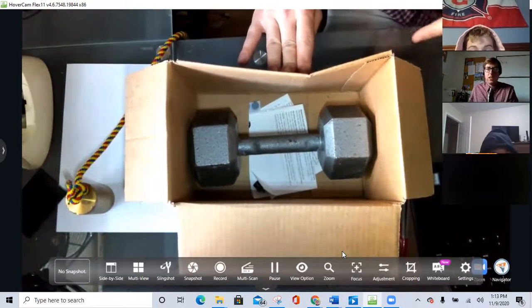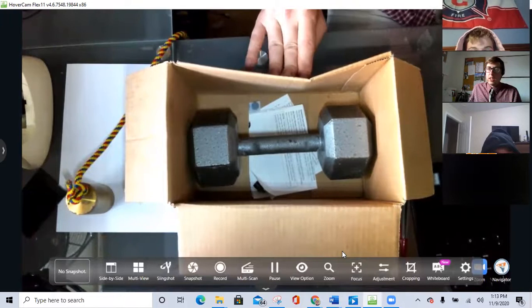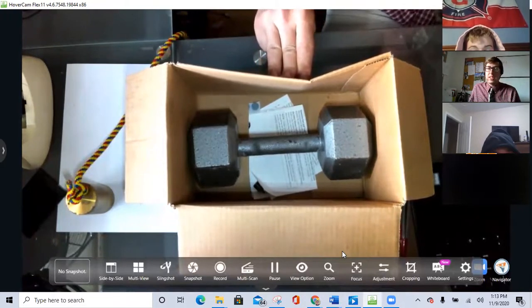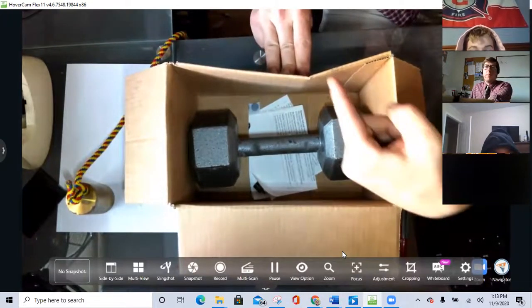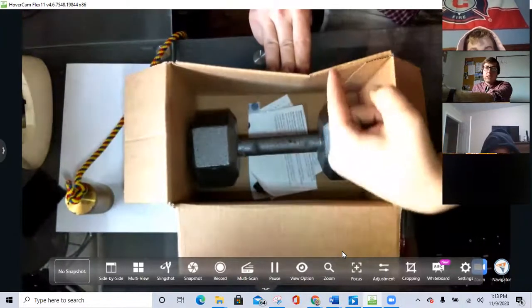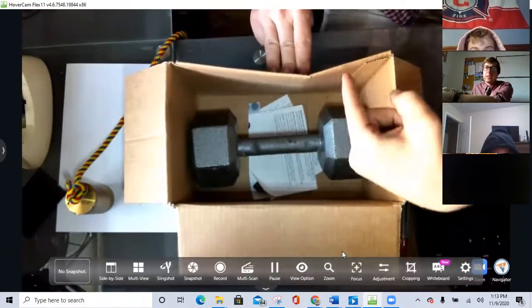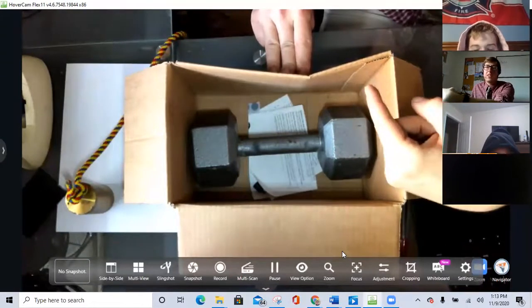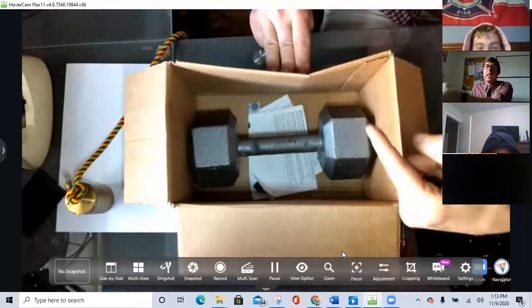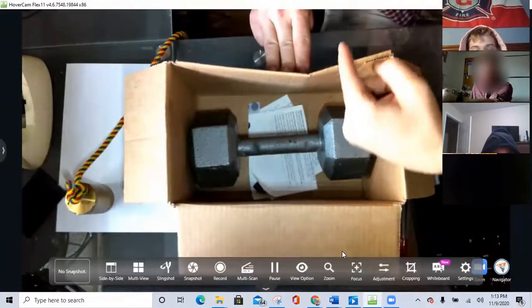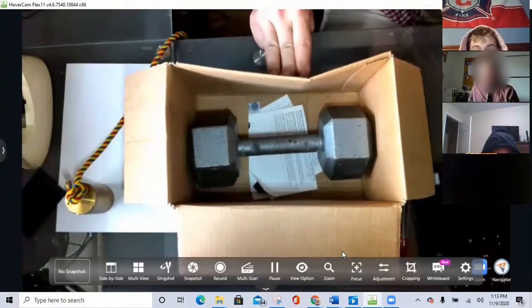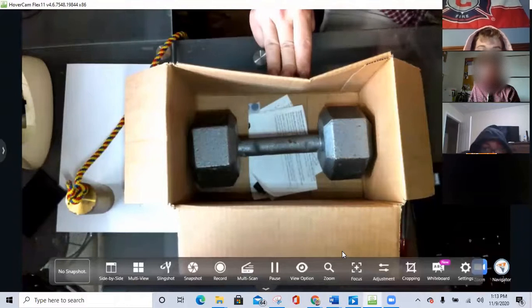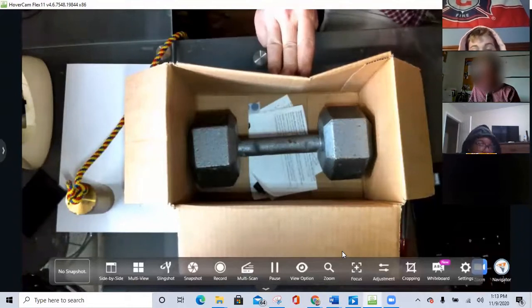The reason this is not moving, it's continuing to maintain its state of motion, is because there must be a force pushing against me. If I exert a force on something and it doesn't move, the only reason it maintains its state of motion is it must be balanced out by another force. So absolutely, there is static friction right now because it is not moving.